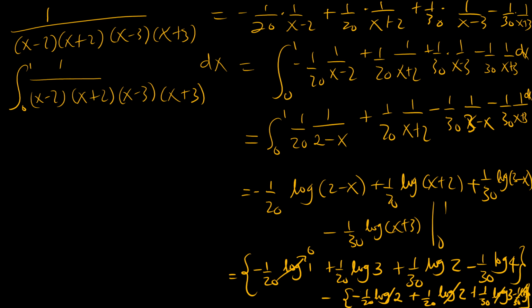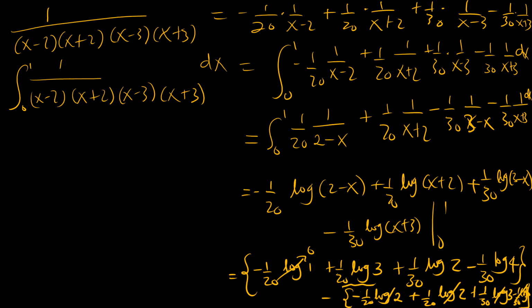So on the lower side everything cancels, and then what we're left with is this part: 1 over 20 log 3 plus 1 over 30 log 2 minus 1 over 30 log 4.